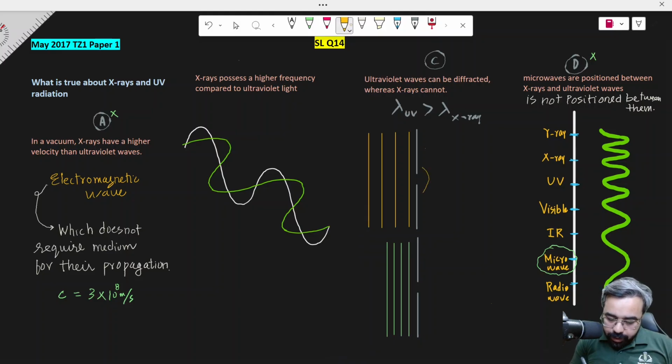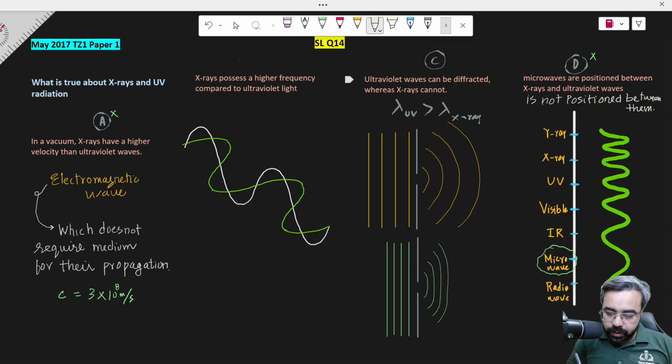Any wave which has a longer wavelength always shows more diffraction. It always bends at a wider angle as compared to this one. X-ray has a smaller wavelength, so you see that it is just bending from its edges. But anyways, this diagram shows that both can diffract. So option C is wrong as well.